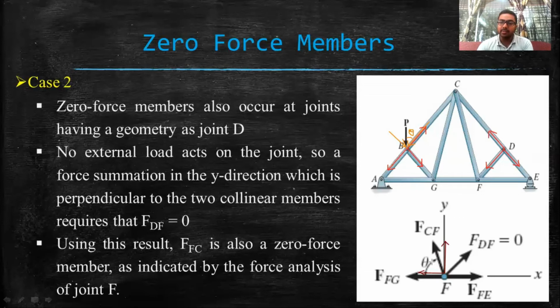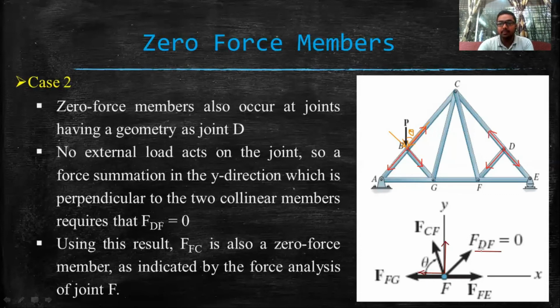This member force CF is becoming 0 depending on the situation, because FDF is 0. If FDF is non-zero, then FCF should not be 0, because there will be some additional force other than FCF that may equilibrate this FCF sin theta force.